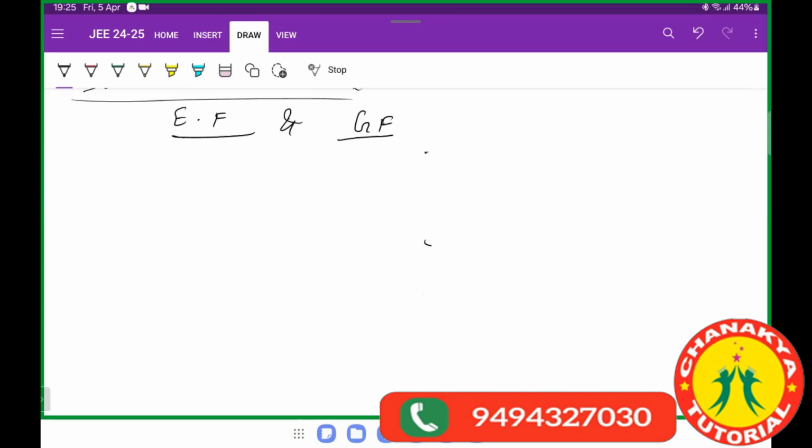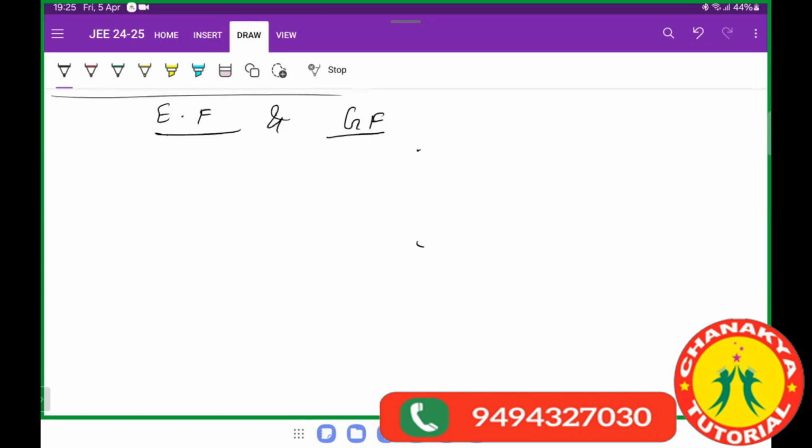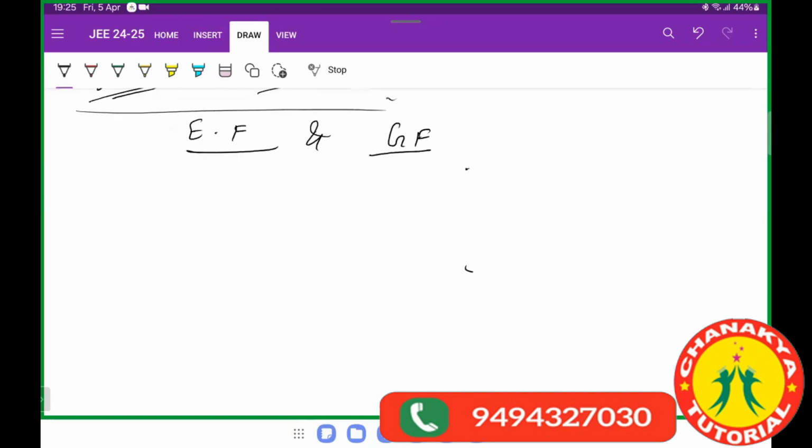And it acts along the line joining the centers. Okay, so is it a strong force or a weak force? It is a strong force, but not as strong as compared to electrostatic force.